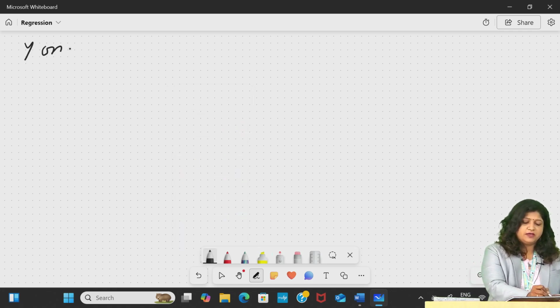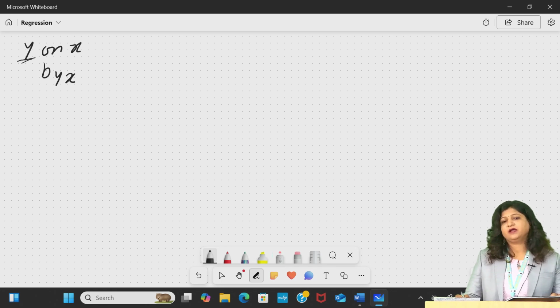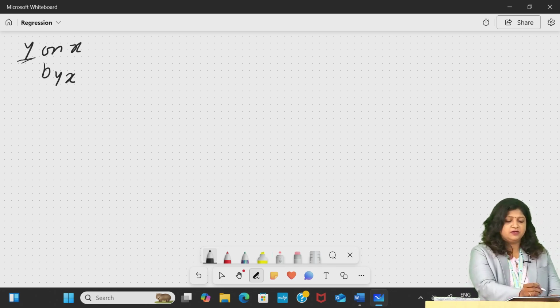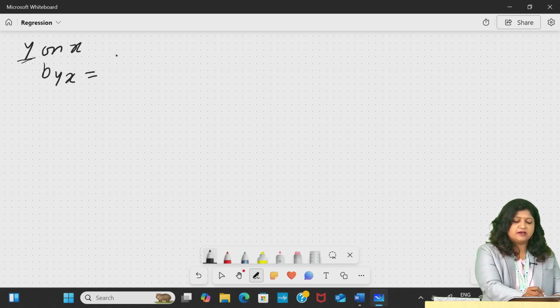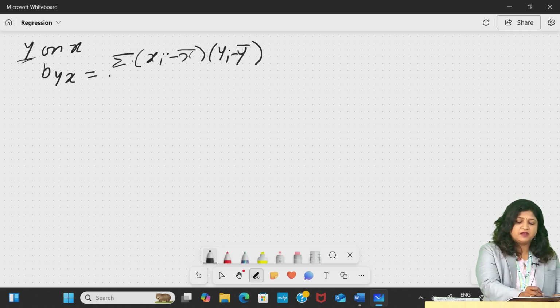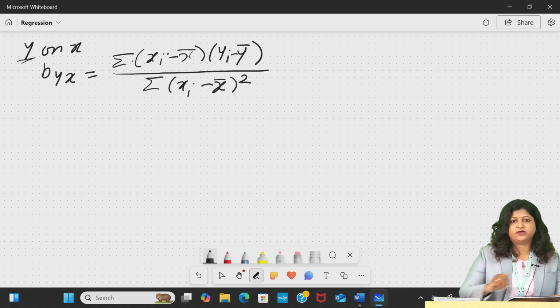Y on x is denoted by byx. It means here y is the dependent variable and x is the independent variable. So byx we are going to calculate by summation of (xi minus x bar) into (yi minus y bar) upon summation of (xi minus x bar) whole square.